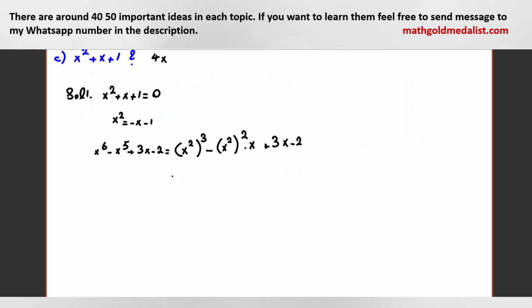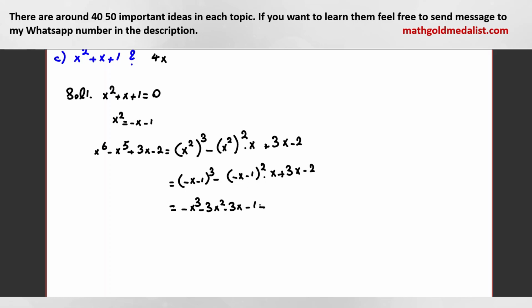So we can say x squared is negative x minus 1, cubed, minus negative x minus 1, squared, times x plus 3x minus 2. This one I can say minus x cubed minus 3x squared minus 3x minus 1.